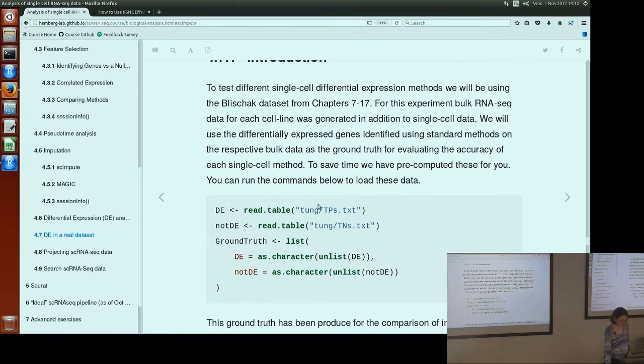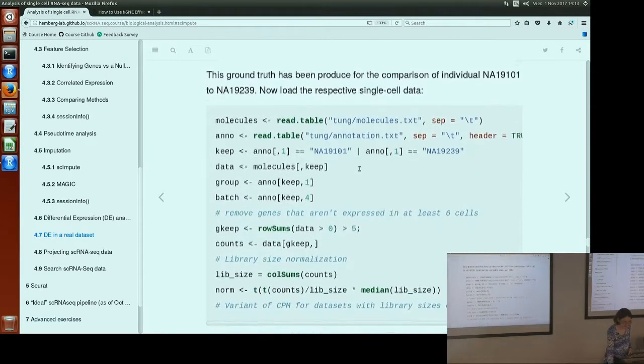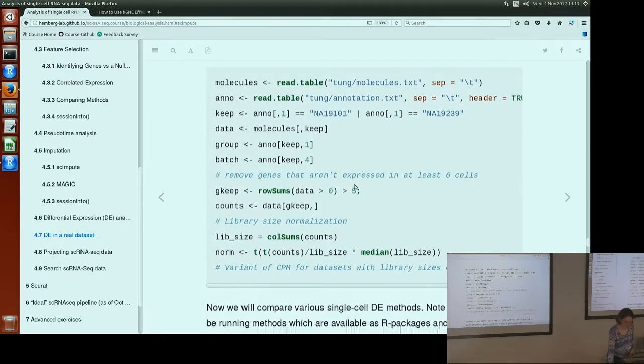And we've pre-computed the differentially expressed genes from the bulk data for one pair of individuals that we can use as the ground truth to test different single-cell RNA-seq methods. So here we're going to define the ground truth, and then read in the Tung data again. And here we only want to select these two individuals because that's who we've got the bulk data for.